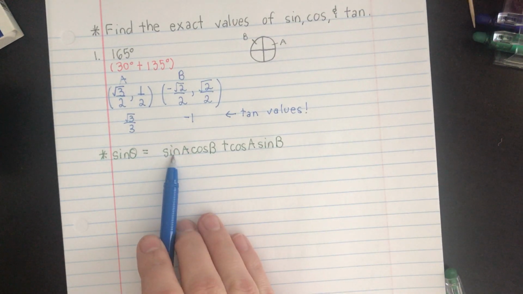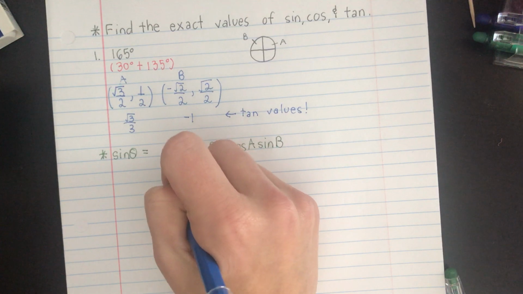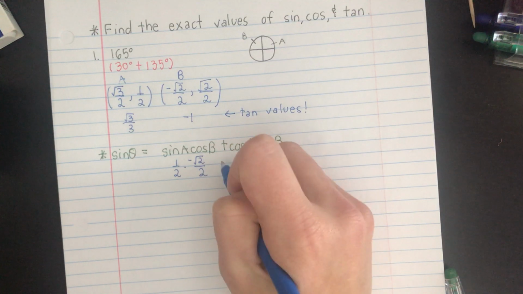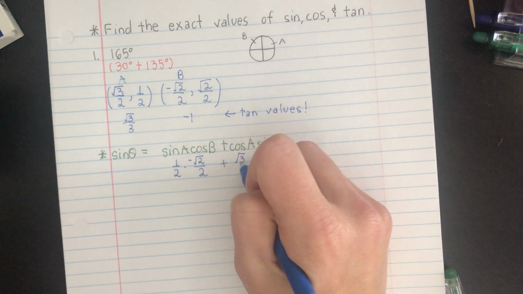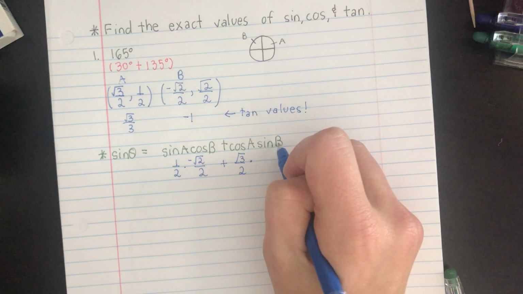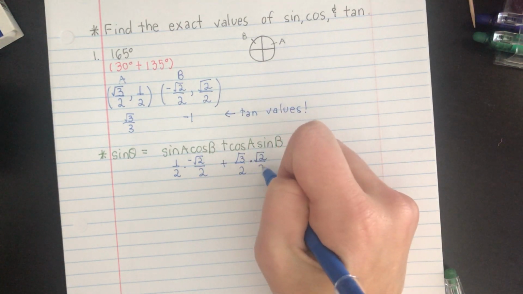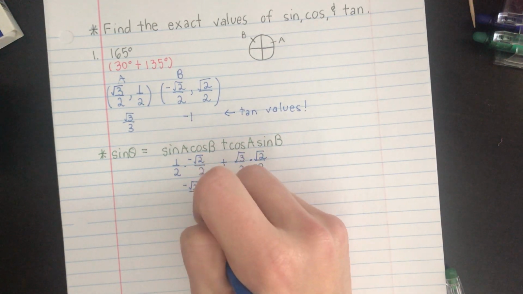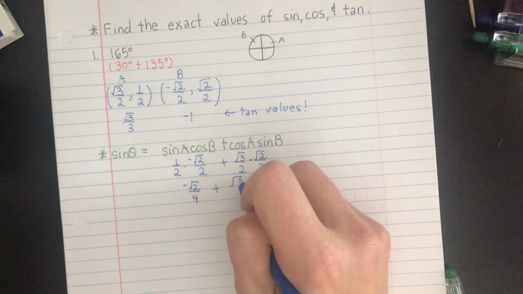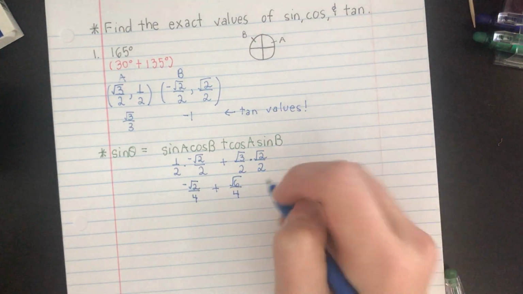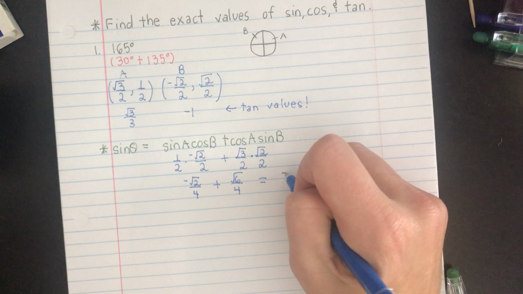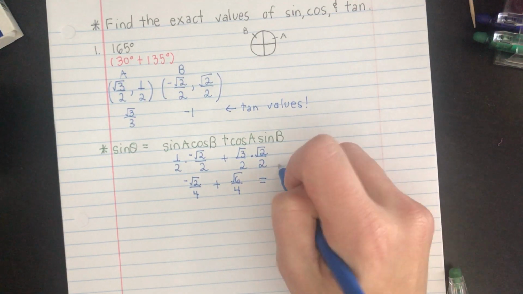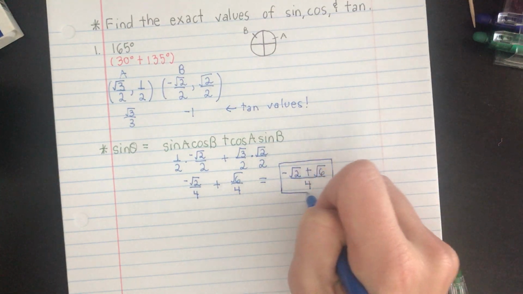So remember, y value of A, 1/2, times the x value of B, negative square root of 2 over 2, plus x value of A times y value of B. Okay, so this is going to give us negative square root of 2 over 4 plus square root of 6 over 4. So, of course, it's going to be negative square root of 2 plus square root of 6 all over that common denominator of 4.